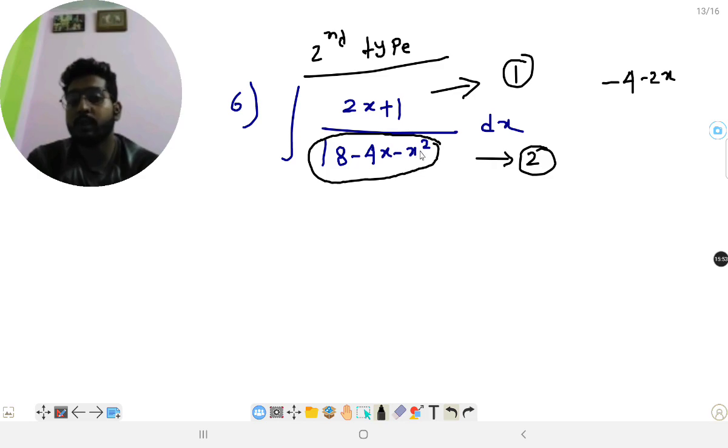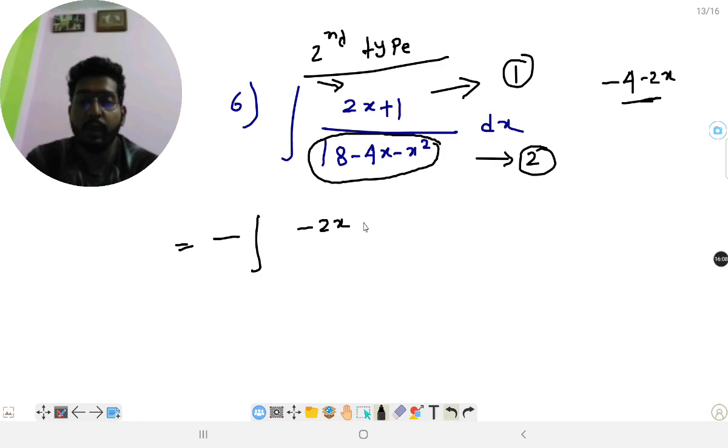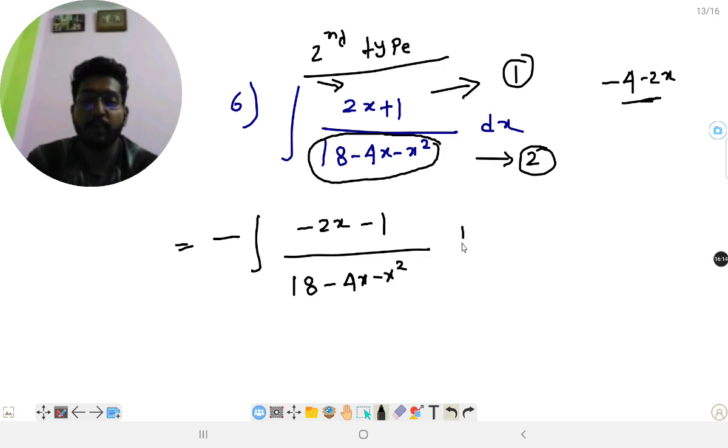Somehow I have to make the numerator like this, minus 2x minus 4. Now how can I make that one? I am taking a minus and multiplying a minus here, that will be minus 2x minus 1, like this. And here it will be 18 minus 4x minus x square dx.